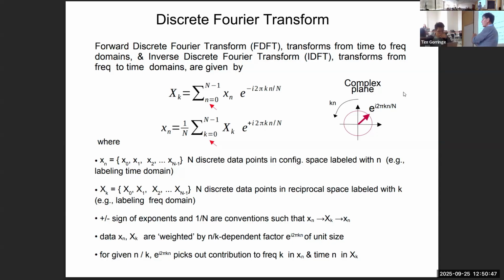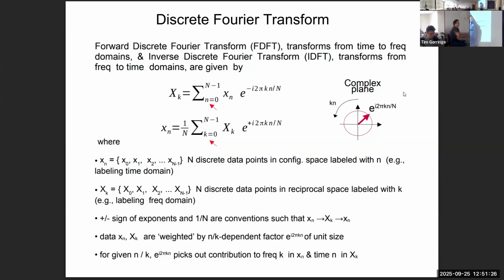And this is a typical way of normalizing the time and frequency domain data with this 1/n here, so that you get back your requirement that if you do the forward and the inverse transform, you get back to where you started. Sometimes you'll see a normalization where it's actually a 1/√n in the lower equation and a 1/√n in the upper equation. But you could imagine that will get you back to where you started as well. So there's a choice of normalization that was going on here.